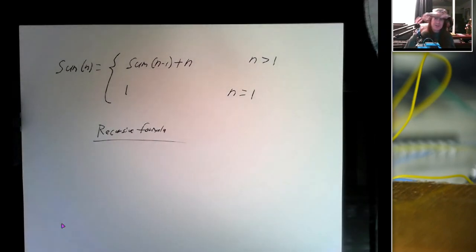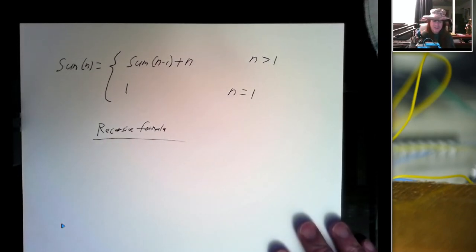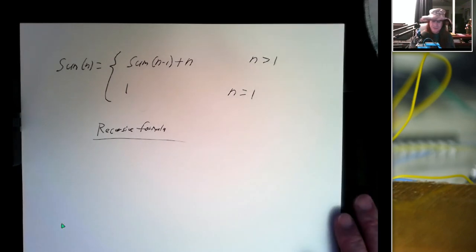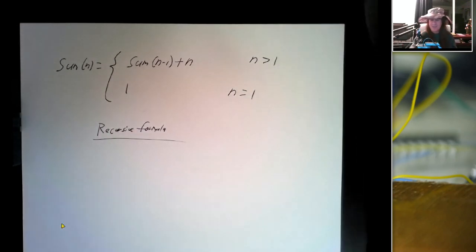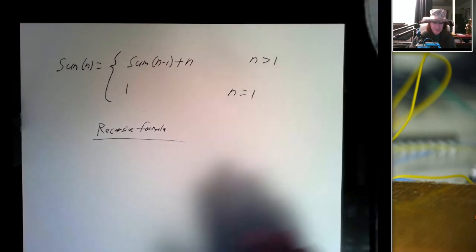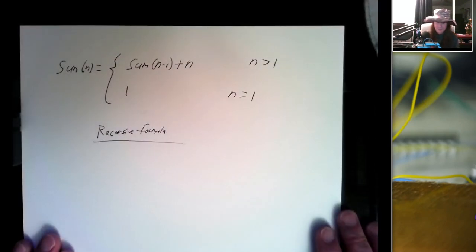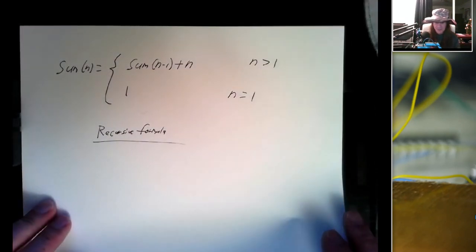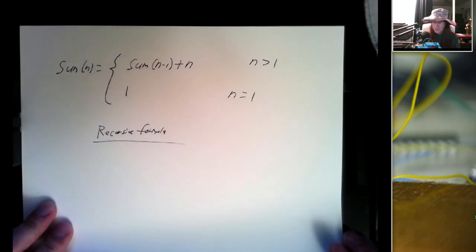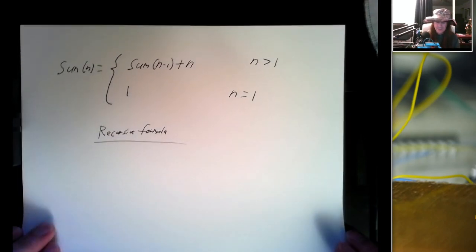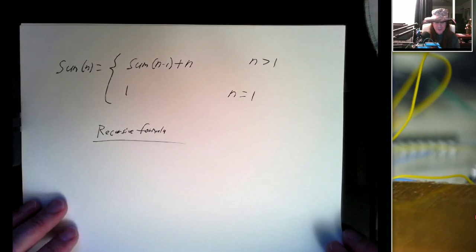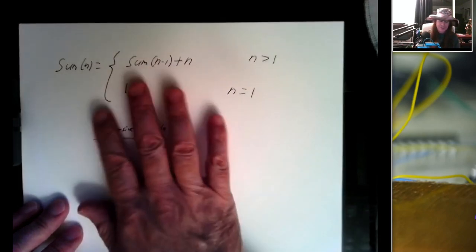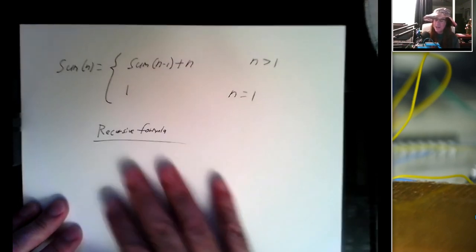But if we're used to thinking in terms of recursion, and someone says, hey, write me a function or draw me an algorithm for adding the first n whole numbers, this might be something that comes to mind. But that doesn't necessarily make it the best way to do this.